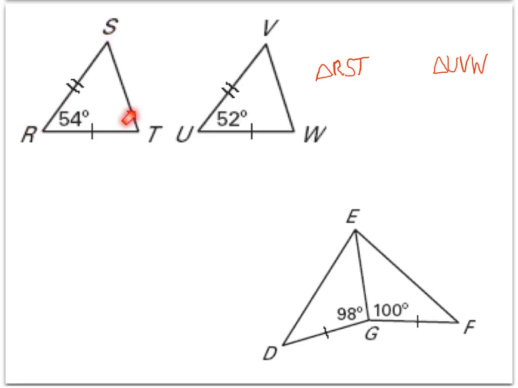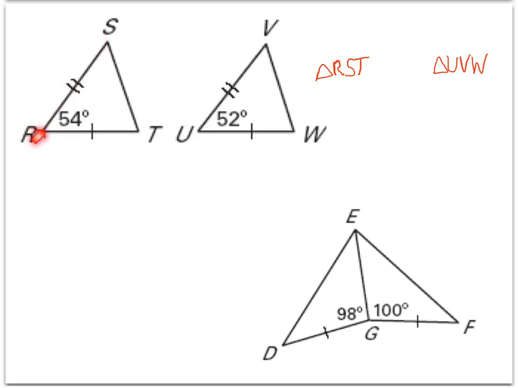We have triangle RST and triangle UVW. Defined in the picture is RS is congruent to UV, and RT is congruent to UW. We also have that the included angle between our congruent sides are different only slightly.